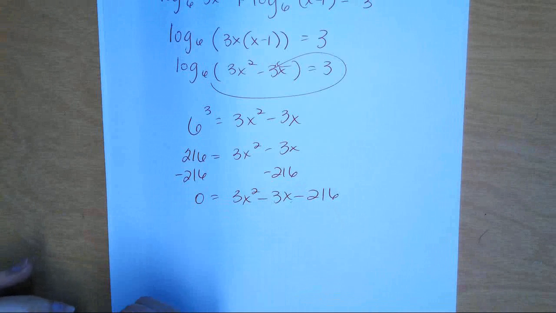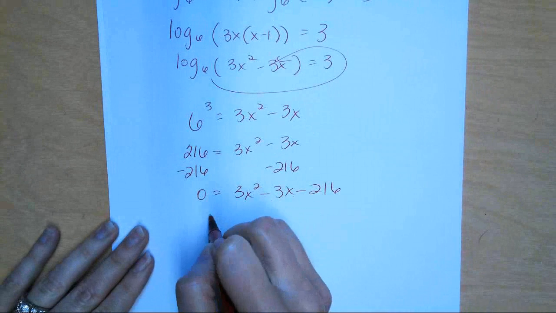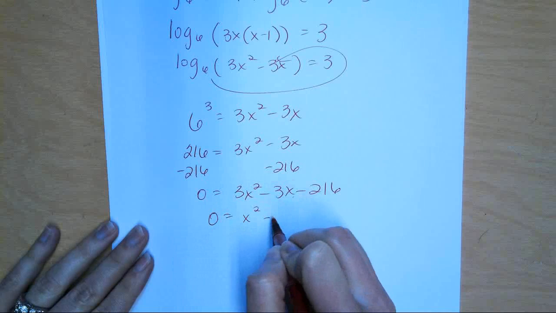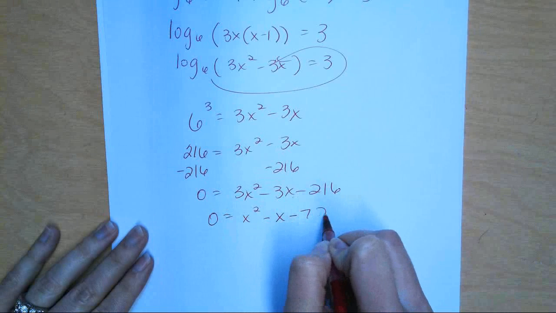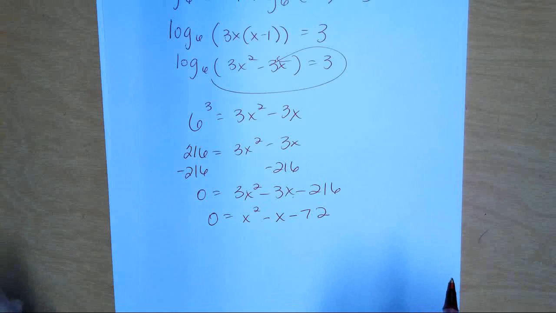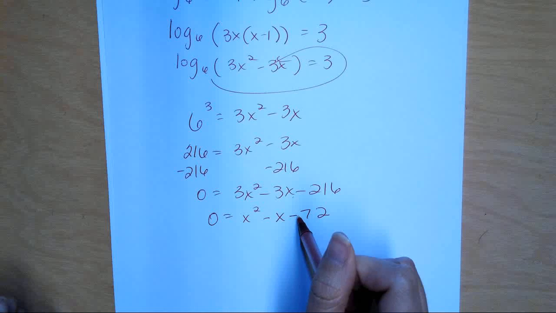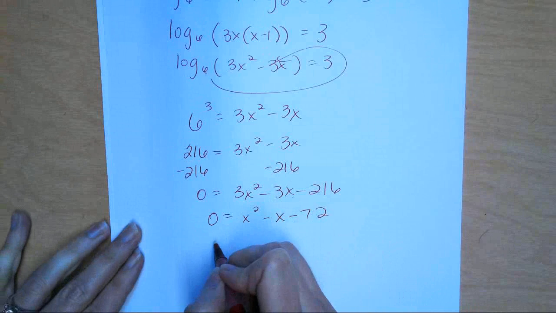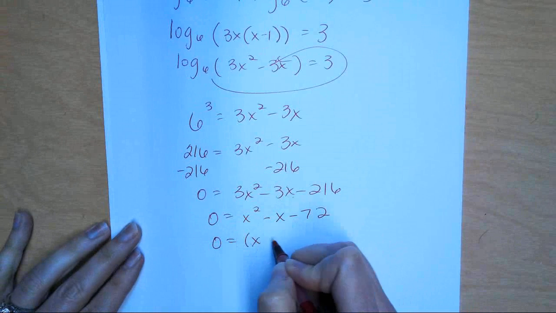The 3, so we can divide out the 3. So it's going to be x squared minus x minus 72. What are the factors of negative 72 that add to give you negative 1? Yep.